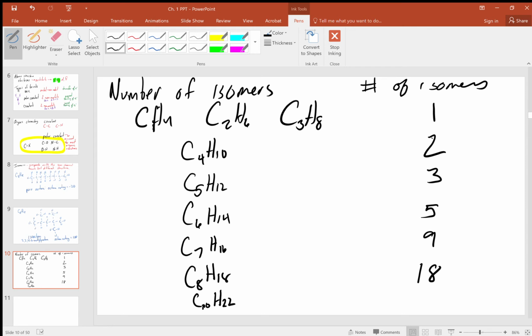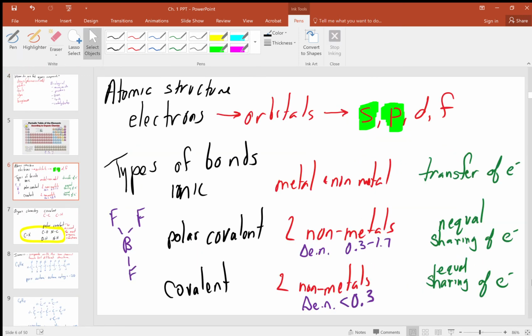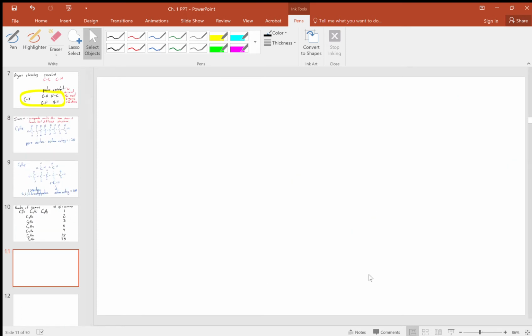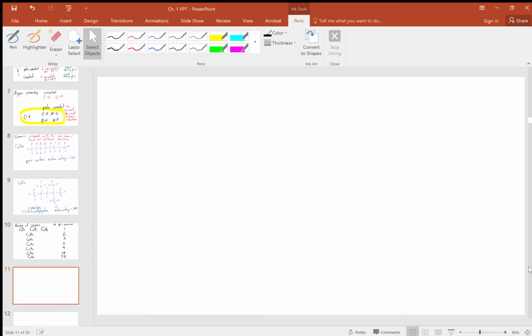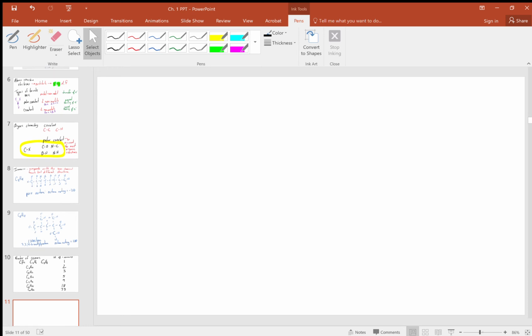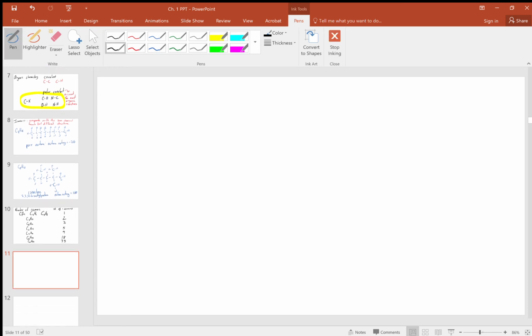How many isomers do you get then? 75. What about 20 carbons? Then we get to 366,000 possible compounds.